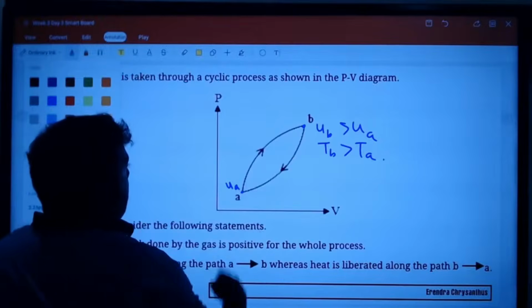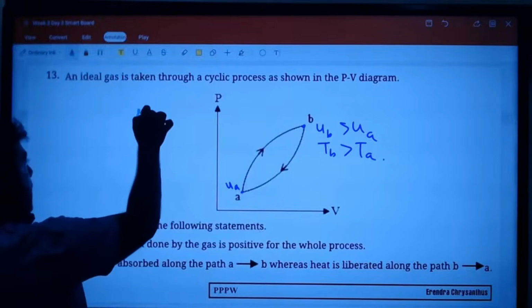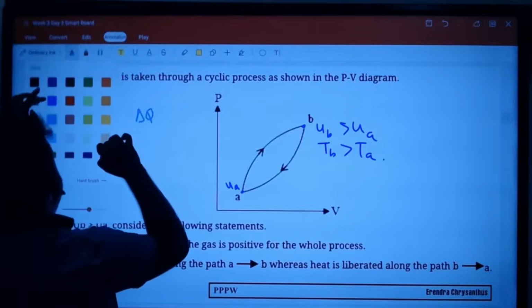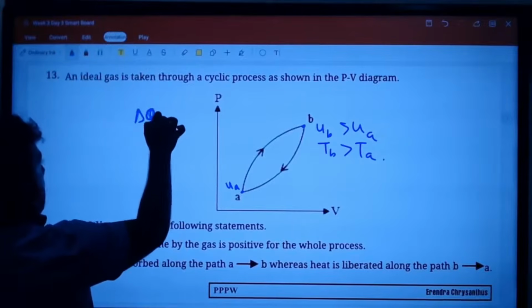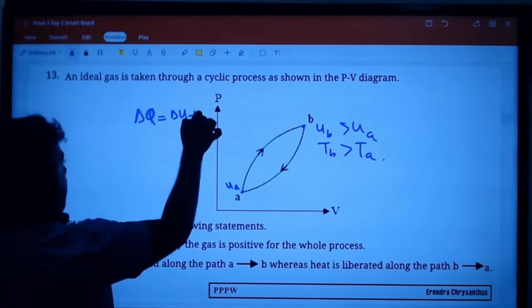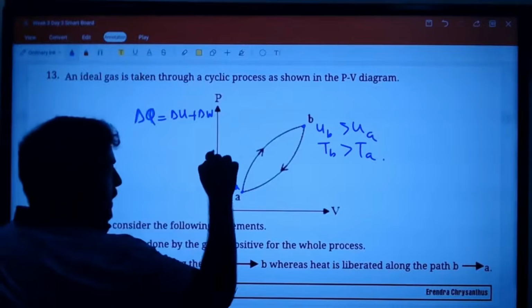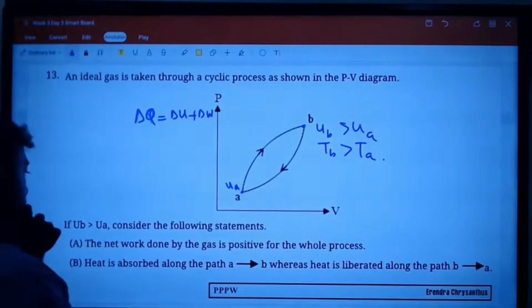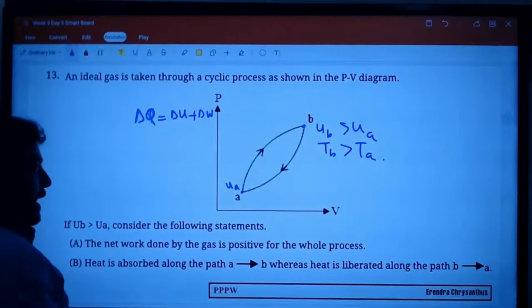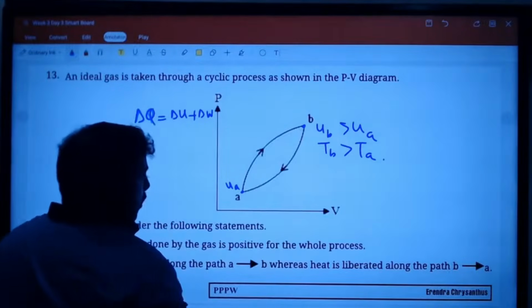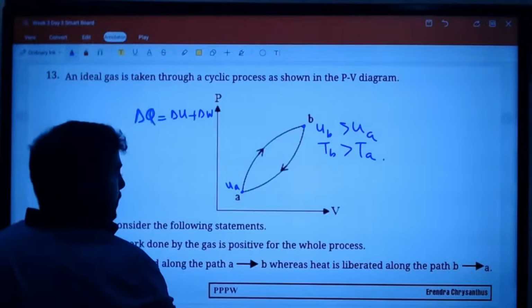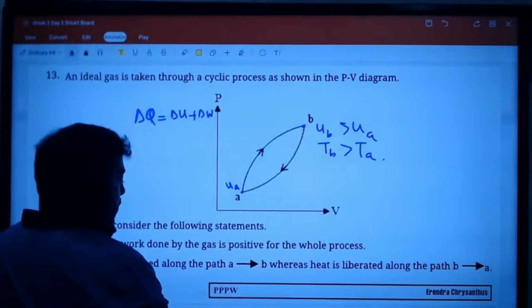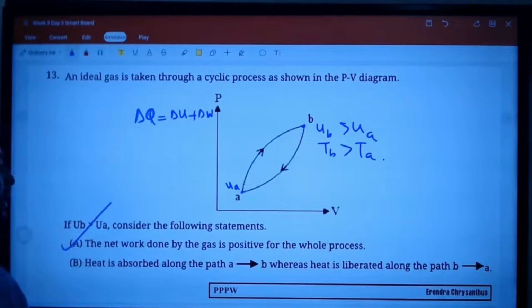Here expansion is taking place. Delta Q equals delta U plus delta W. Starting, finishing: one is expansion, one is compression. What kind? Clockwise. Clockwise cycle means net work output. Net work output means positive. Statement A is correct.